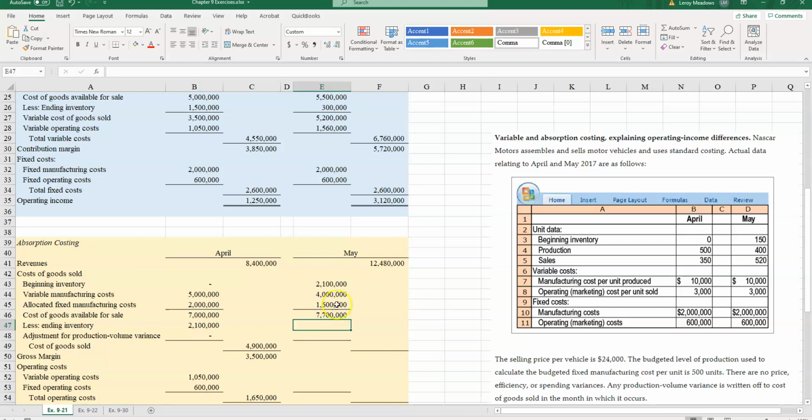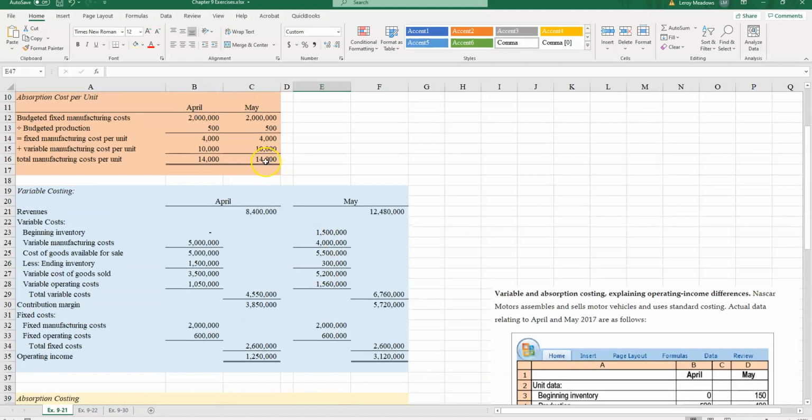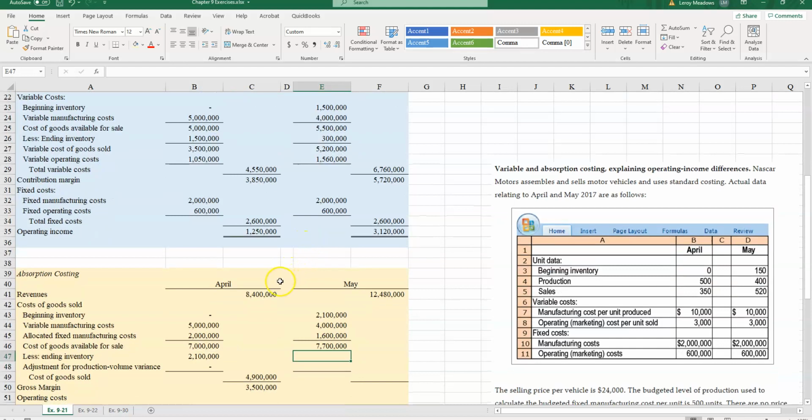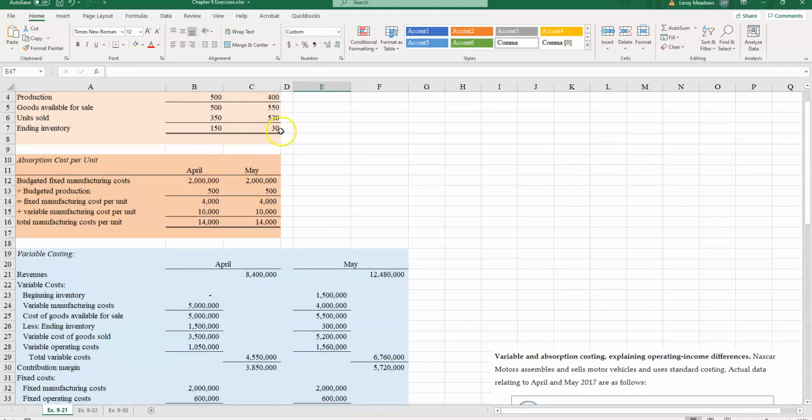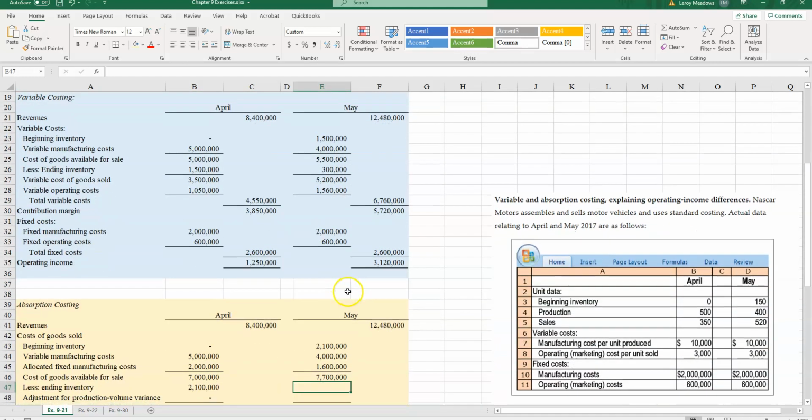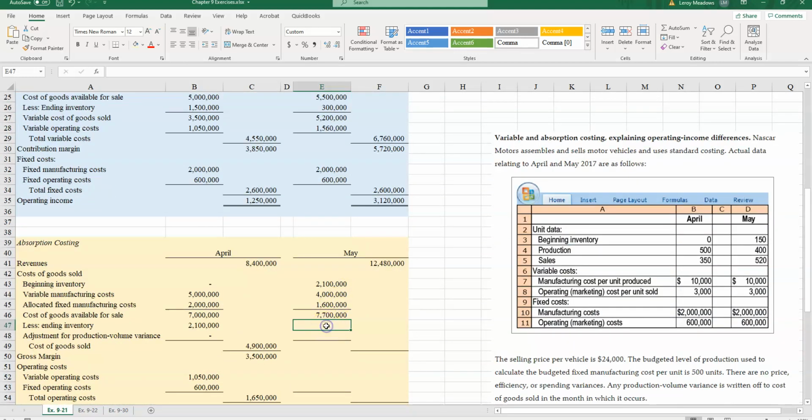What's the value of my ending inventory? $14,000 per unit times the 30 units in ending inventory gives me $420,000 worth of ending inventory.